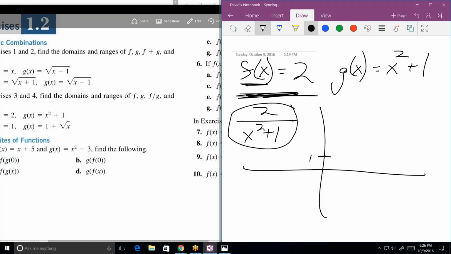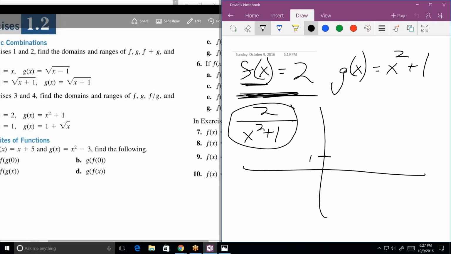Now, what are the limitations on that function with regards to x? So I have to keep it positive, correct? No? Or I'd say all real numbers. It's a zero denominator, and you can't take the square roots of negative numbers. Well, we don't have any square roots here. True. If you have a denominator, is there any way that can be 0?